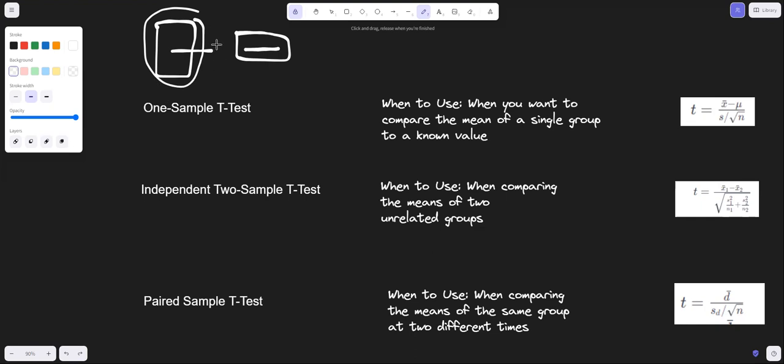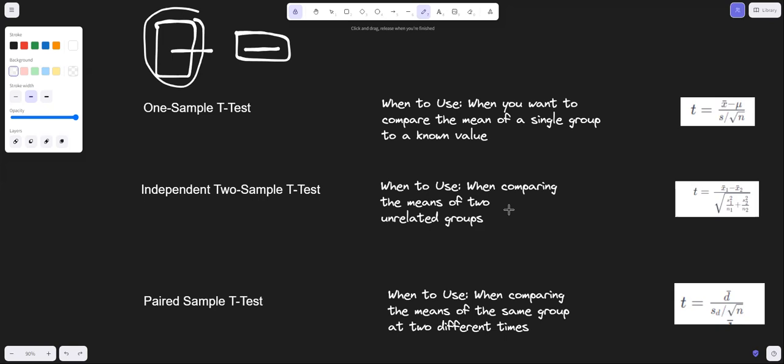Moving on to the independent two sample t-test. When do we use it? When we compare the mean of two unrelated groups. To give you an example, let's say in this class I'm comparing the mean height of boys with the mean height of girls. The comparison of the mean height of boys versus the mean height of girls is called an independent two sample t-test.